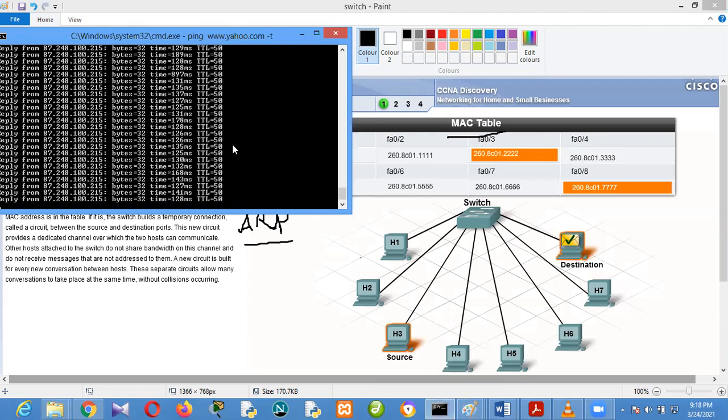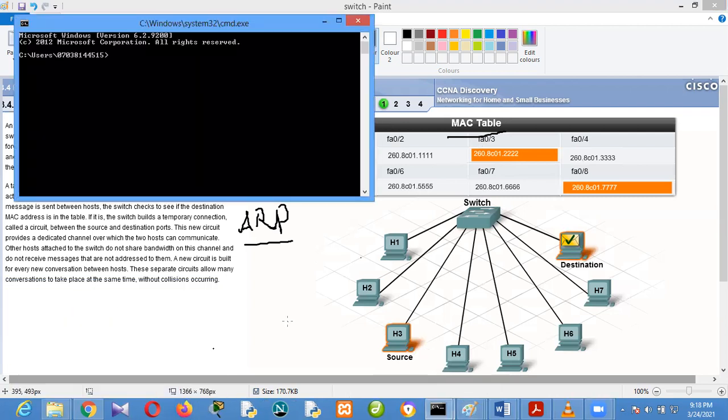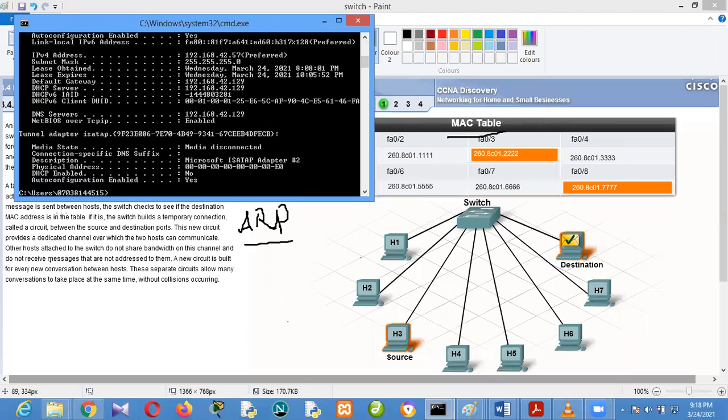It's like you lost connection. I'm here. Okay. So if I want to see the MAC address of my system, I'll go to the command prompt. I will teach you this one later on. I will talk about this when we get to that. So the MAC address is the physical address.